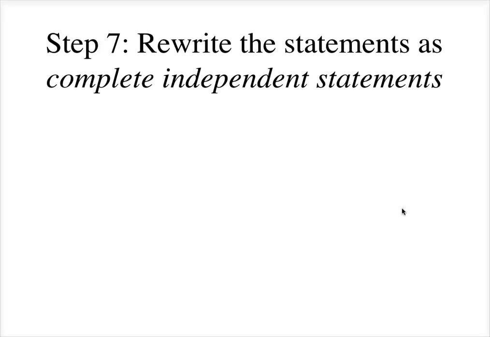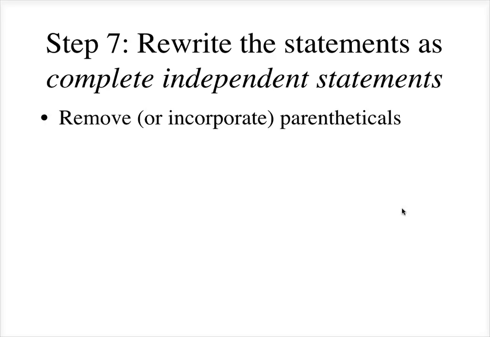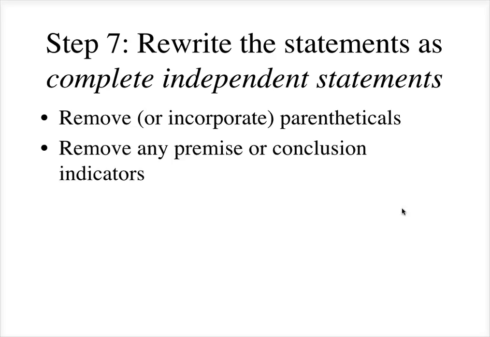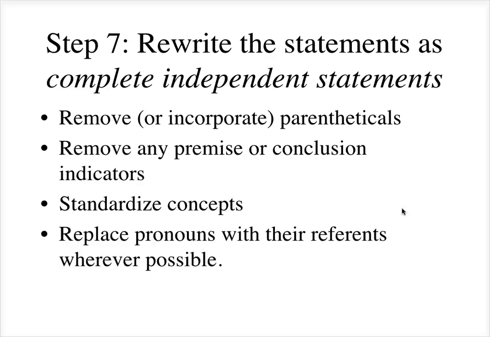Then we need to make sure all of the statements are complete independent statements whose truth value can be judged on their own. So we need to remove or incorporate parenthetical statements just to clean it up. Remove any premise or conclusion indicators. Standardize concepts by, if there are different words used to mean the same thing in different premises, we need to make sure that they are all the same when we're done.